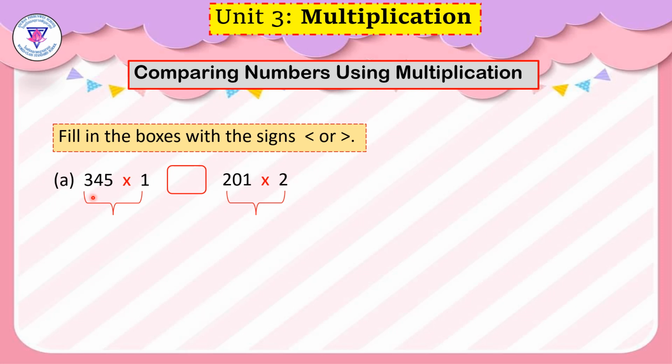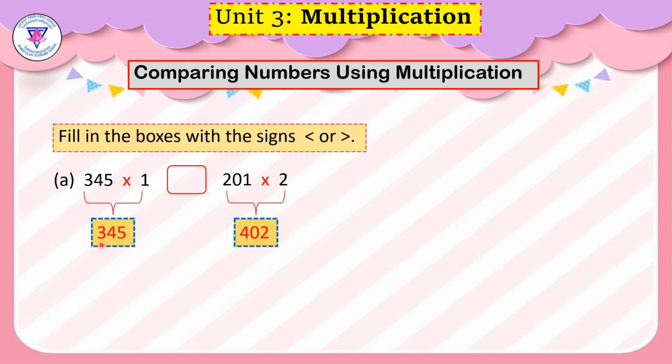So the given number is 345 multiplied by 1, and the other one is 201 multiplied by 2. So if you multiply the first number, the answer is 345. And then this number, if you multiply it, the answer is 402.